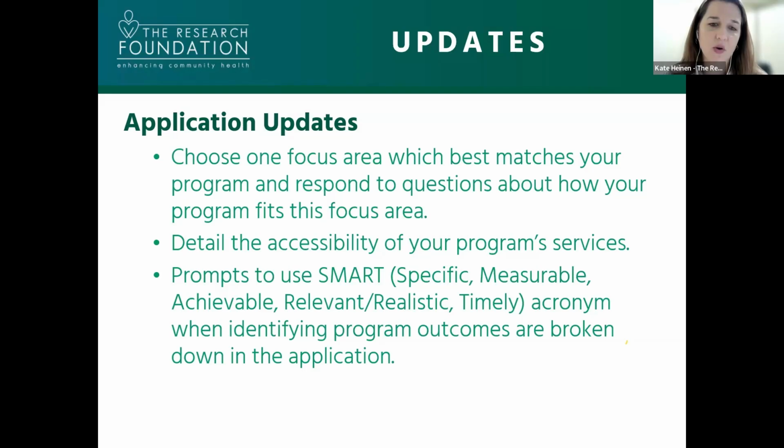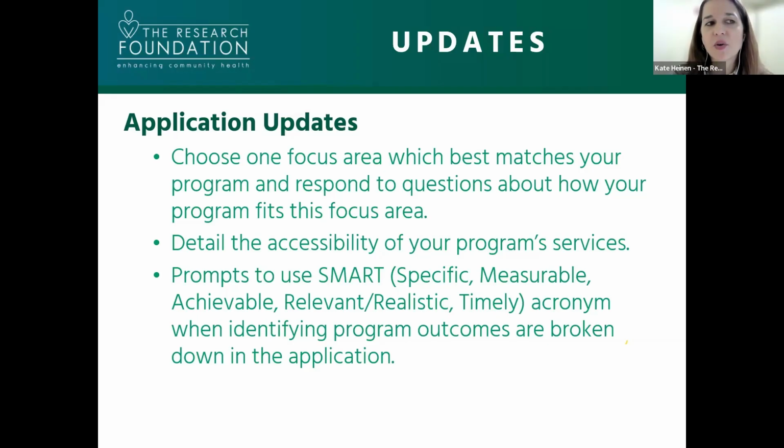So from that, we also have something that's also not new, but we've reformatted it to hopefully make it easier for applicants to follow through with, which is prompts to use the SMART format. The SMART acronym is having outcomes that are specific, measurable, achievable, relevant or realistic, and time sensitive. Previously we just asked that organizations list their goals in this format.